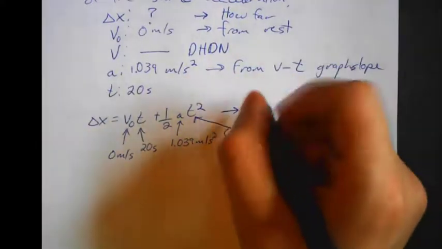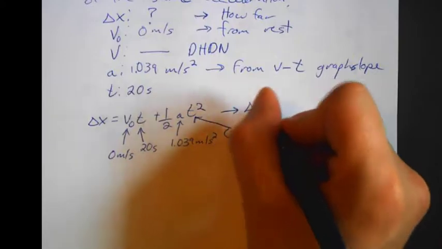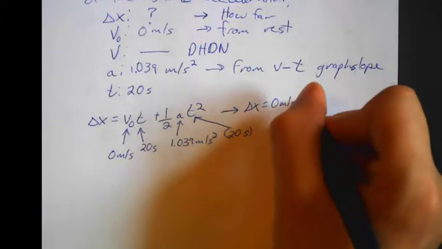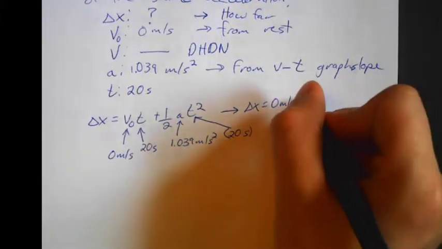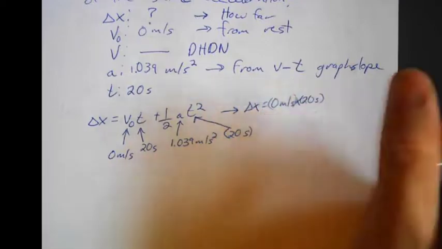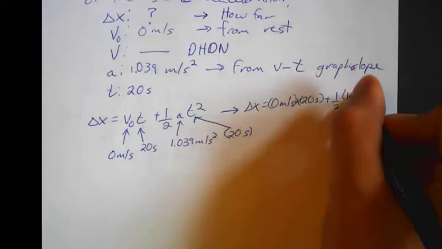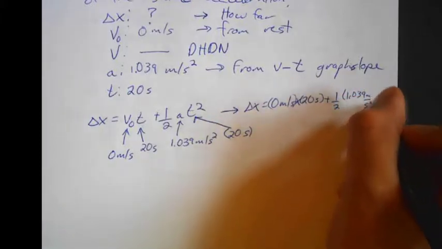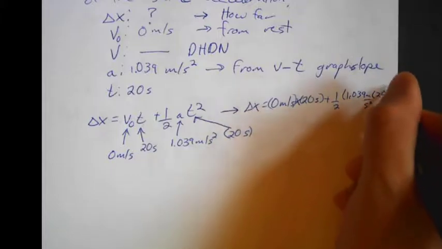We're going to plug these in, and we have delta x equals 0 meters per second times 20 seconds, which just gives us 0, plus 1/2 times 1.039 meters per second squared times 20 seconds squared.